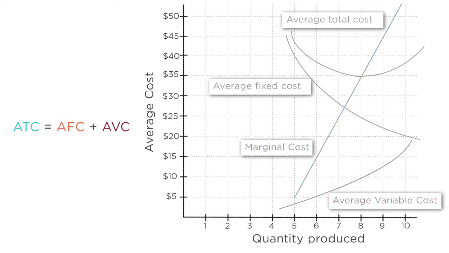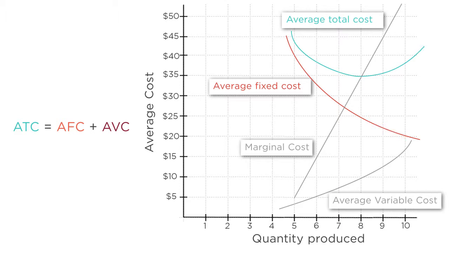At low levels of output, the first effect is powerful because even small increases in output cause a large reduction in average fixed cost. So at these production levels, the first effect dominates the second effect and the average total cost falls. But eventually, the second effect overtakes the first effect and the average total cost starts to climb.